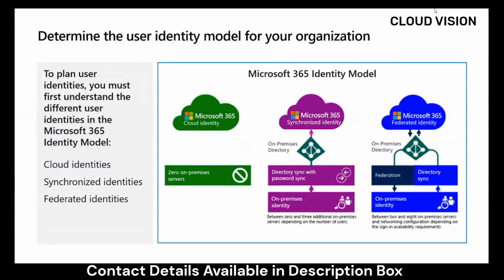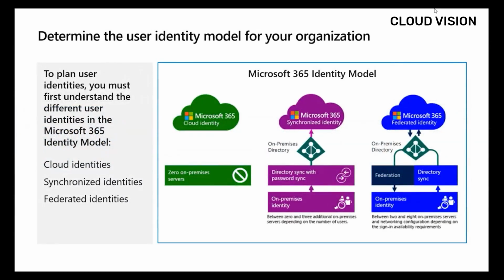Before that, let's understand the different kinds of identities that you can deal with in the Microsoft 365 environment. First, you have the cloud identity. This is an identity that is created in your Azure Active Directory. The authentication and management of this identity happens in the Azure Active Directory, which is now also referred to as your Entra Admin Center.